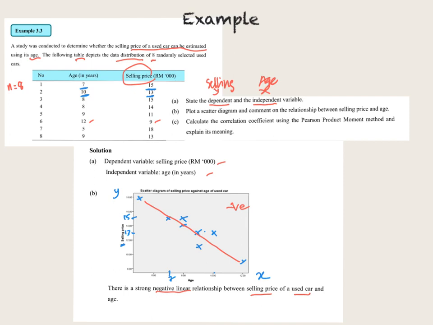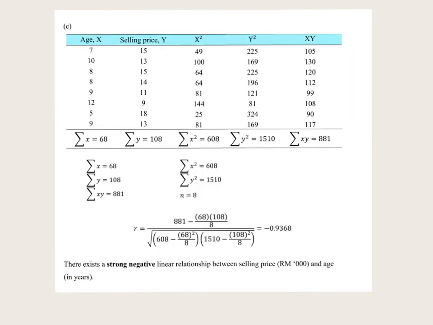For question C, calculate the correlation coefficient using the Pearson product moment method and explain its meaning. So the correlation coefficient is actually r. We need to go to the solution. The data given by the question is actually variables X and Y only. If you remember the formula just now, in order to calculate r, the formula is summation xy minus summation x multiplied by summation y divided by n.